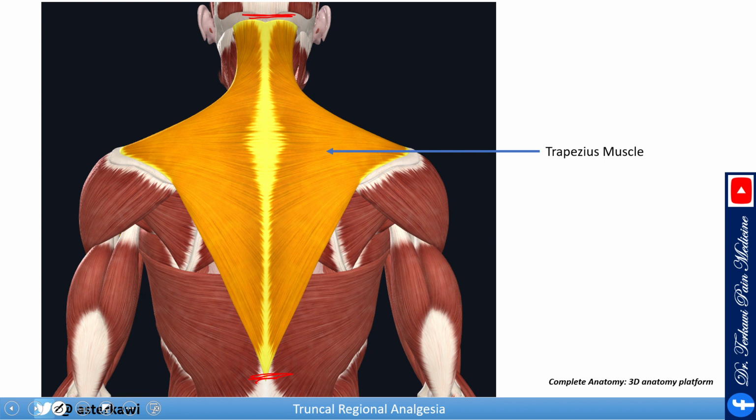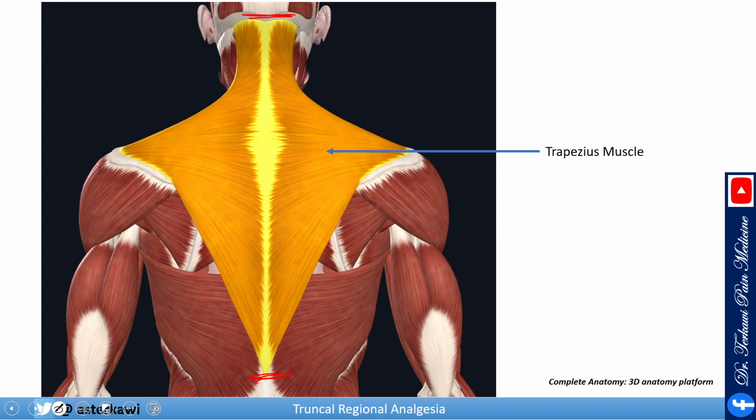Descending part elevates, transverse part retracts, and ascending part depresses the scapula. Descending and ascending parts both act together in the superior rotation of the scapula. So basically, it rotates the scapula, elevates, and retracts.